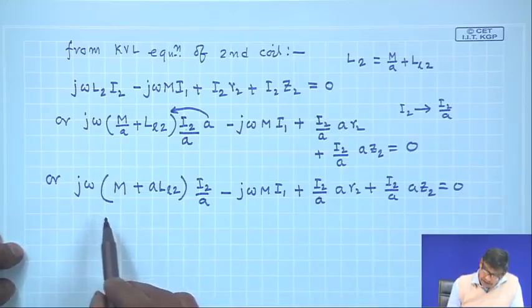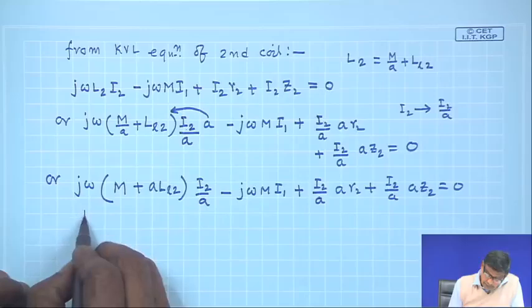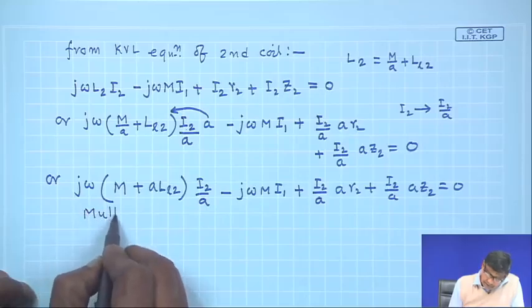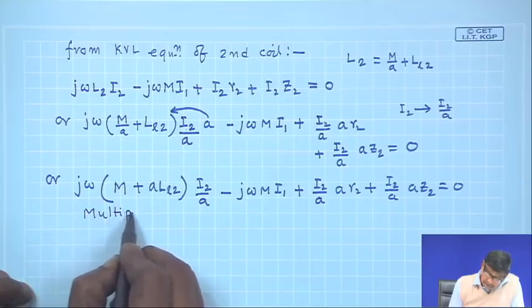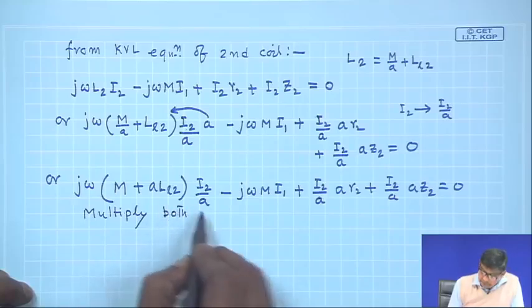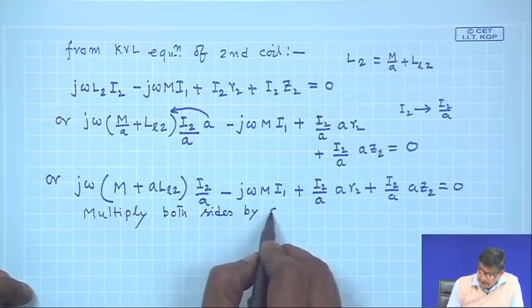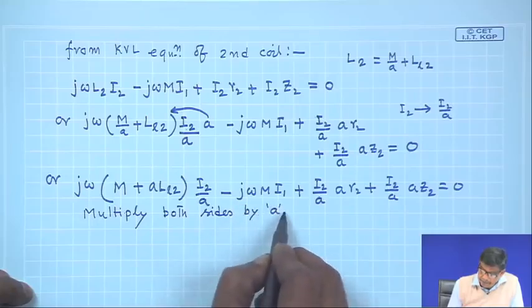Now I will multiply both sides by the turns ratio a.